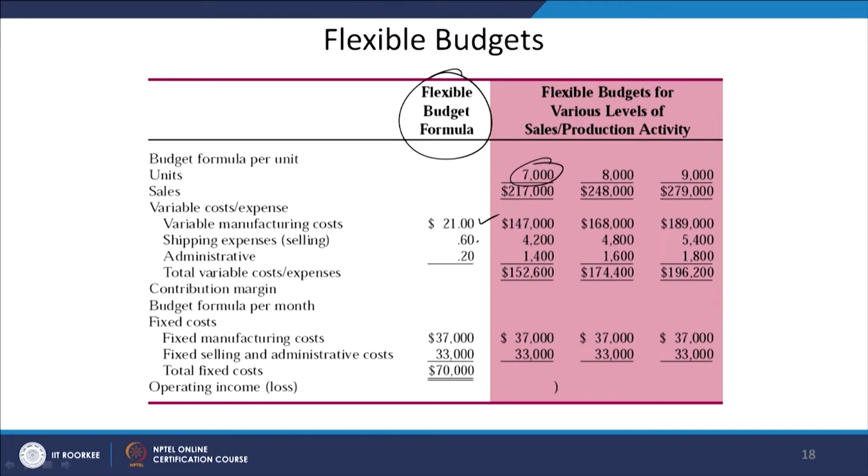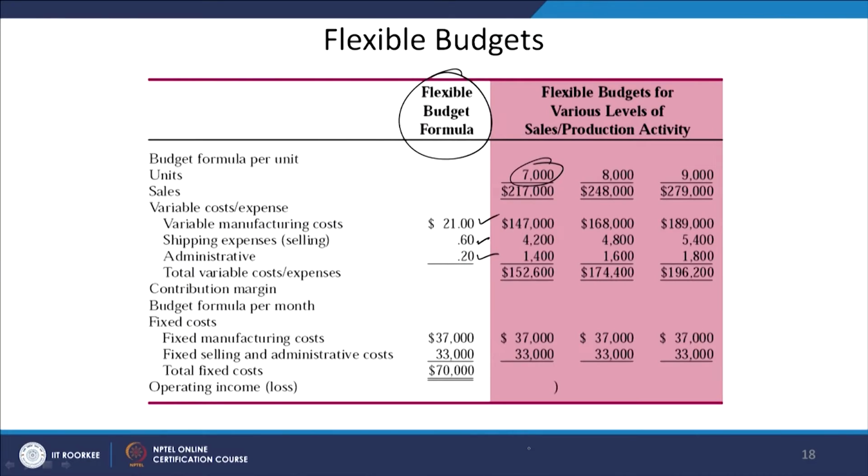Similarly, with the shipping cost, similarly with the administrative cost, all these costs will be converted to the cost which should be for the actual level of production, or maybe for recreating the budget comparable to the actual level of production. For example, we have prepared the budget for 8,000 units, 7,000 units and 9,000 units.